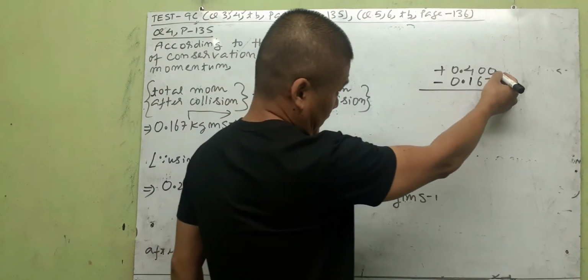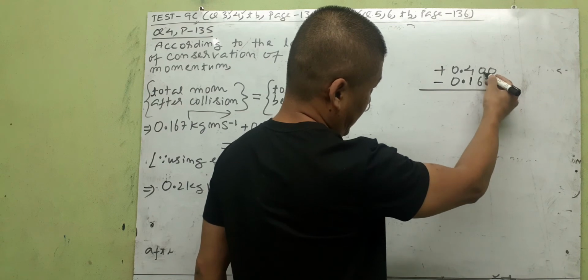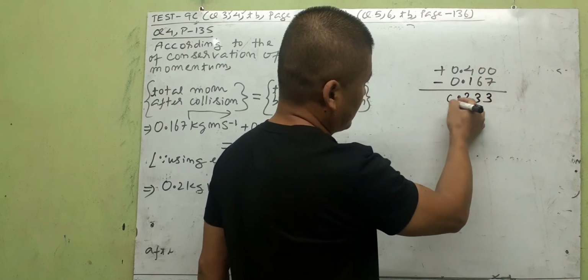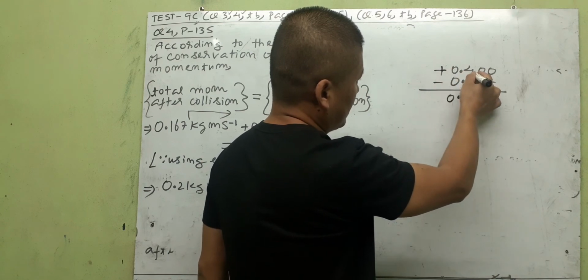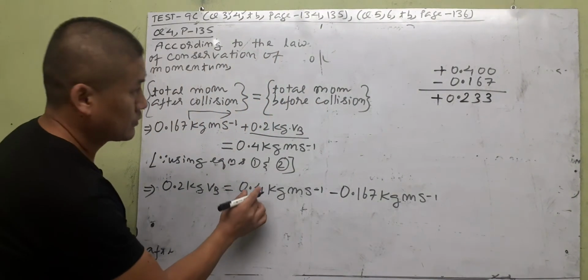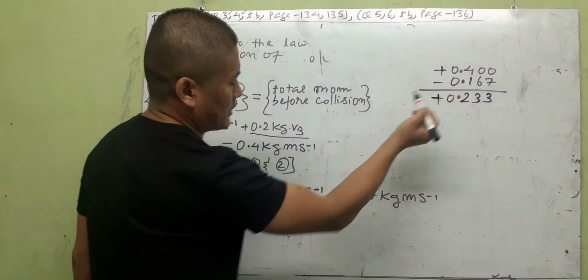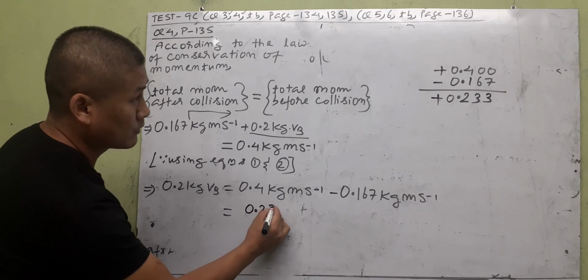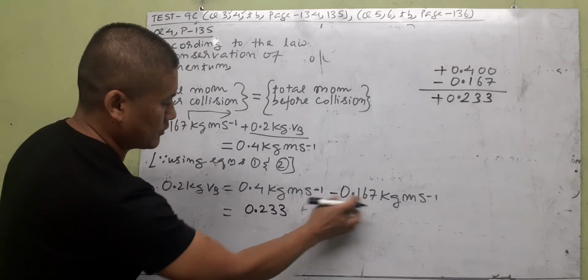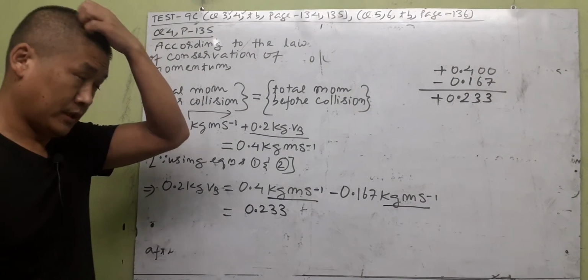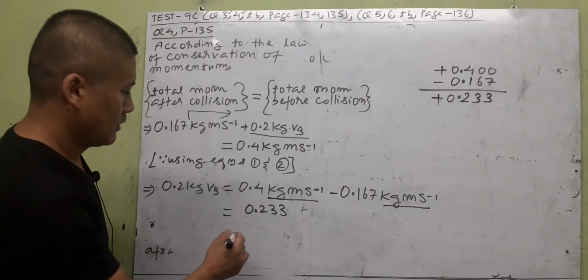Plus minus means subtract, so 10 minus 7, 3, 9 minus 6, 3, 3 minus 1, 2. The bigger number is 0.4, so this plus sign comes here. The sign of the bigger one always comes in the result. So plus 0.233, and the units are the same, kg meter per second, that's why we could subtract, right?